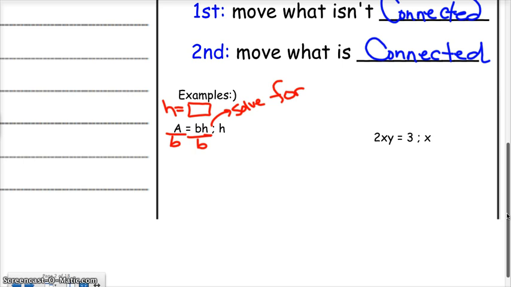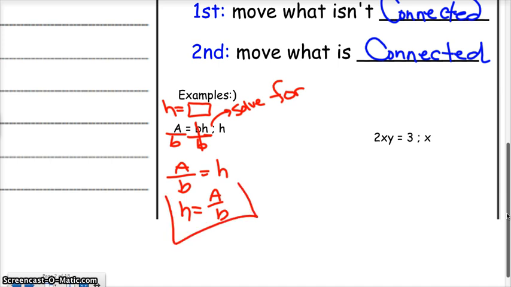Leave them as they are. So I have a over b is equal. The b's cancel out. What do I have left? H. H is alone. A lot of us don't like to see it that way, including myself, so I just write h equals a over b. Now I have it exactly like I wanted it. I'm done. How do I know I'm done? Because my h is alone, and that's what I wanted alone.